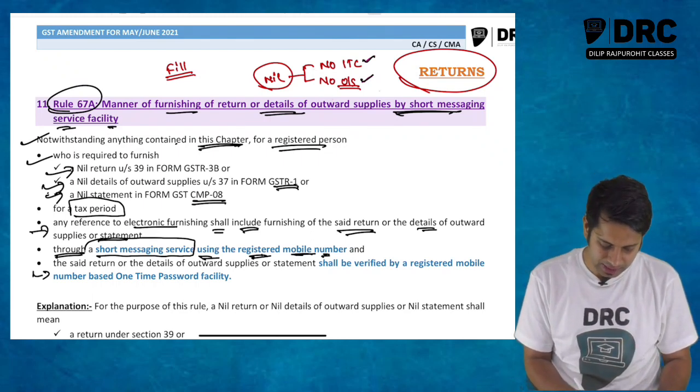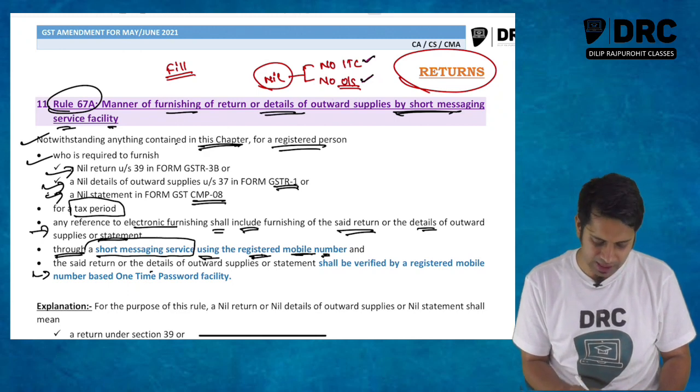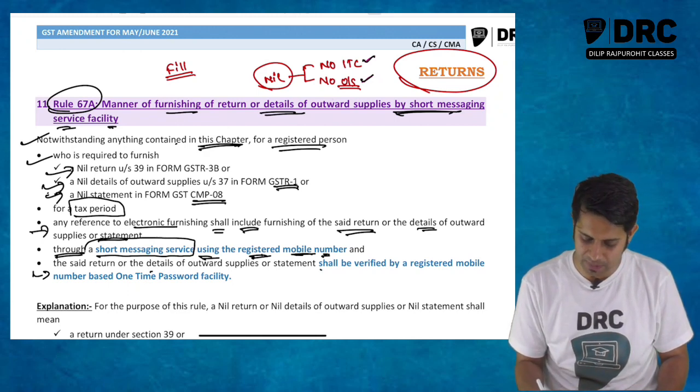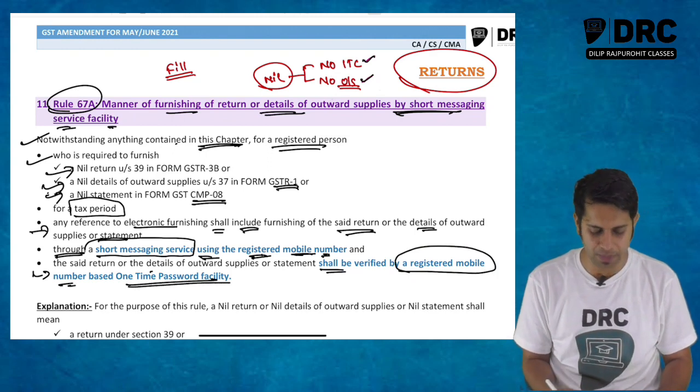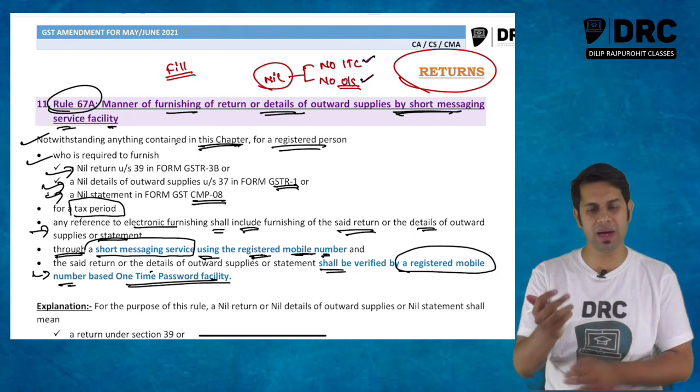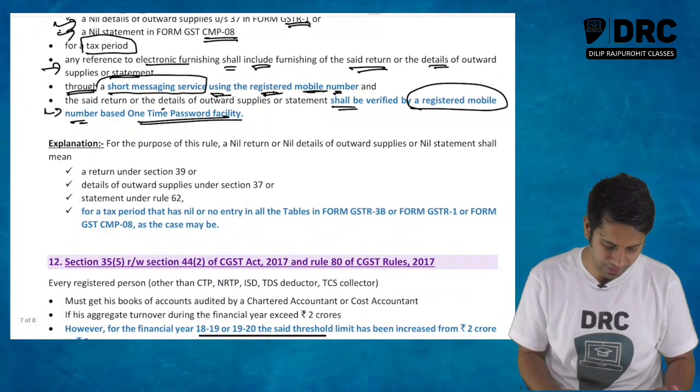The said return or the details of outward supply or the statement shall be verified by the registered person based on OTP facility. You can send a message, they'll send an OTP and it will be verified.